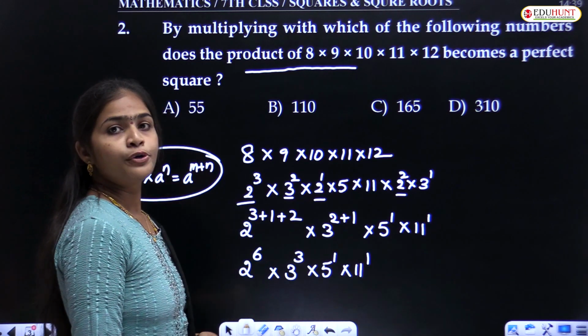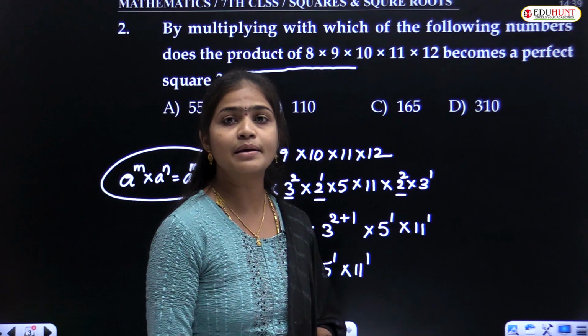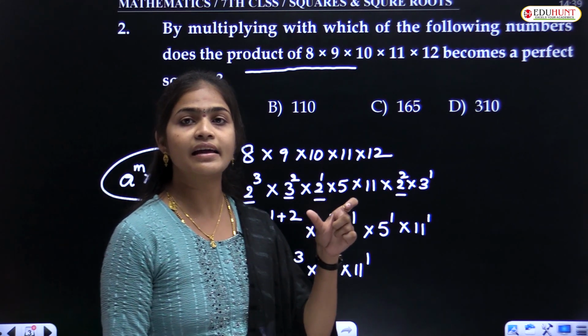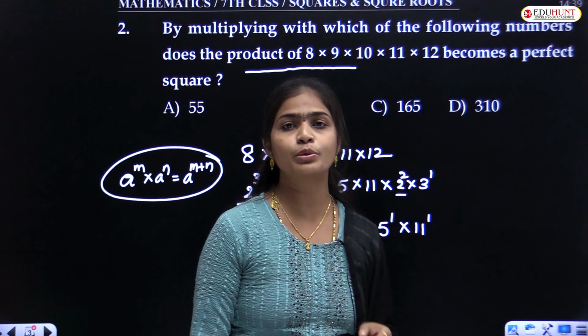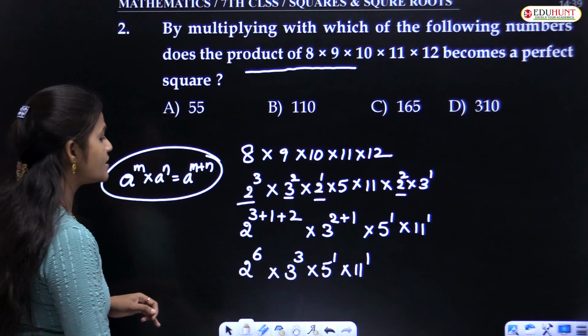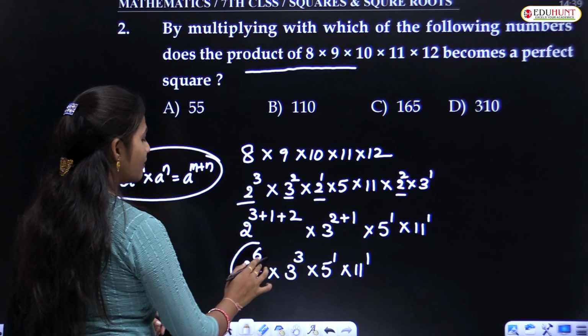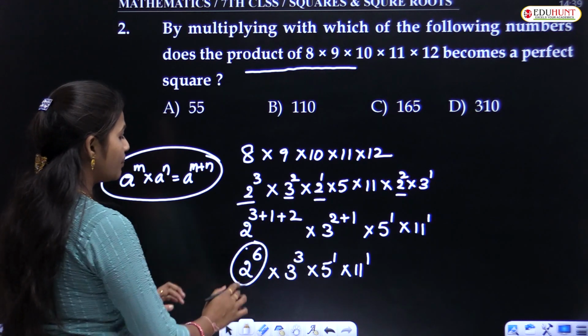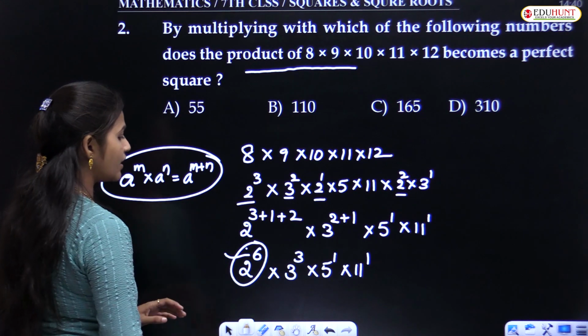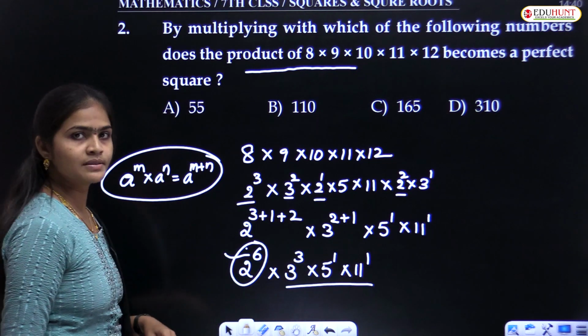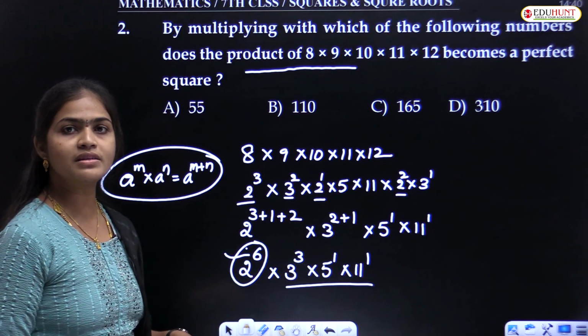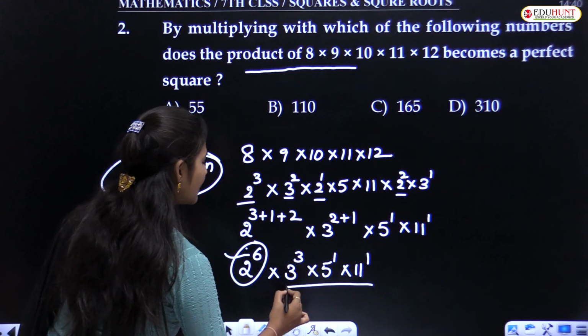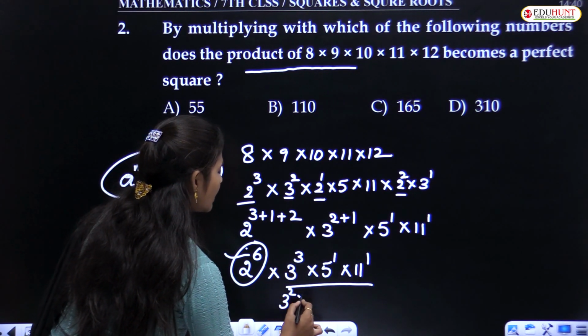What I told you is that to make the given number a perfect square, each and every prime number's power should be even. So when you observe, 2 power 6 has an even power, so this is okay. What about the remaining ones? These all have odd powers only, no? So we can write this as 3 square into 3.